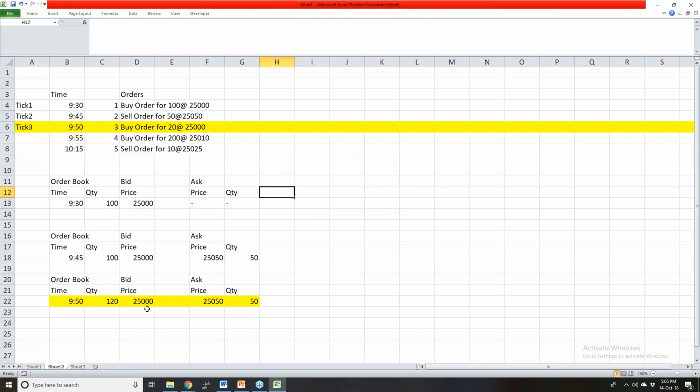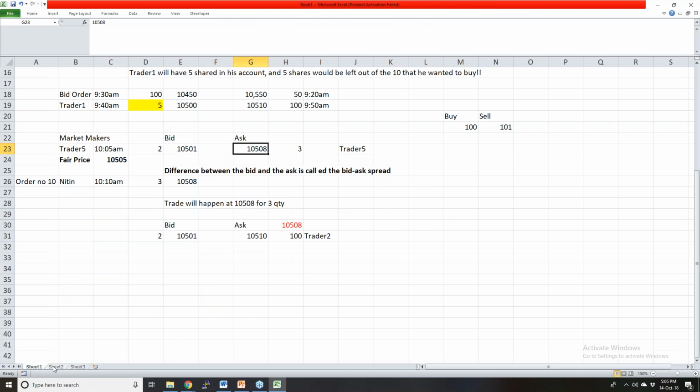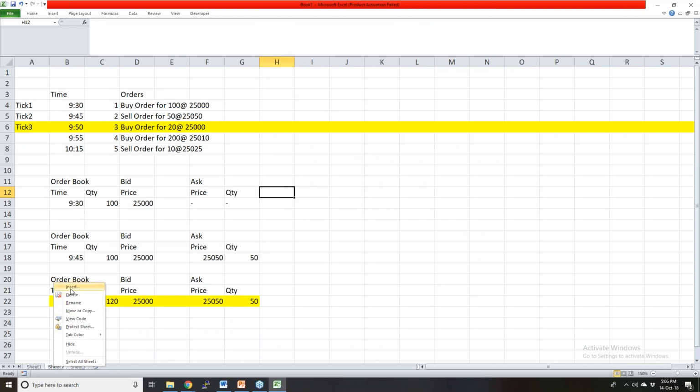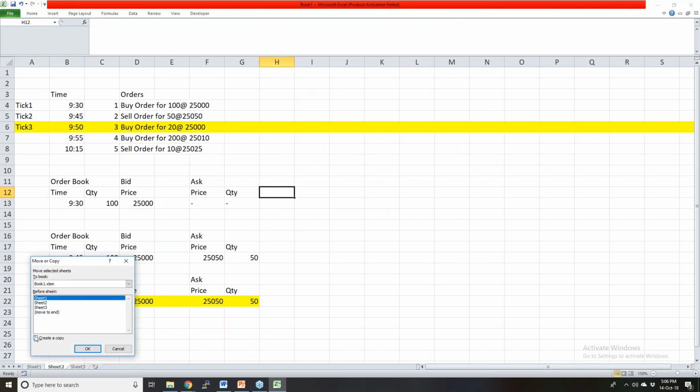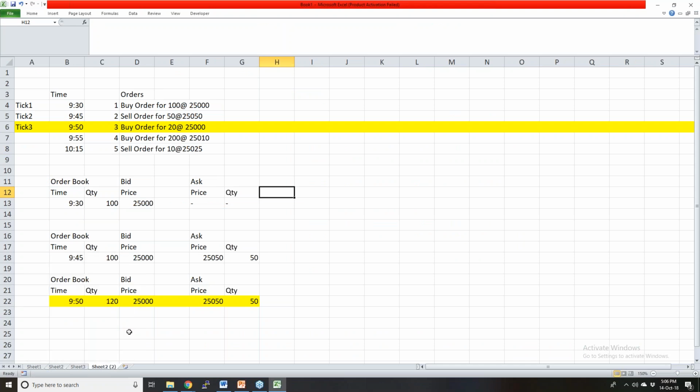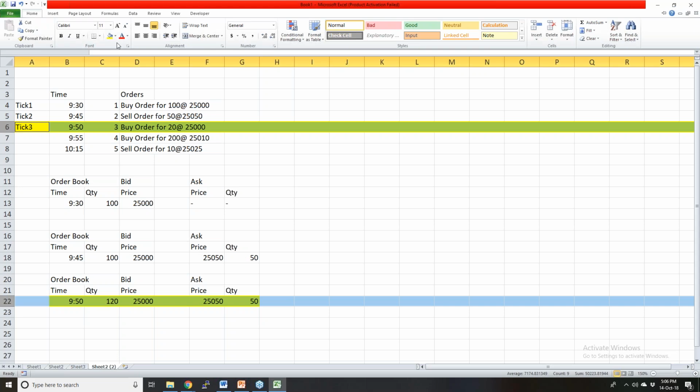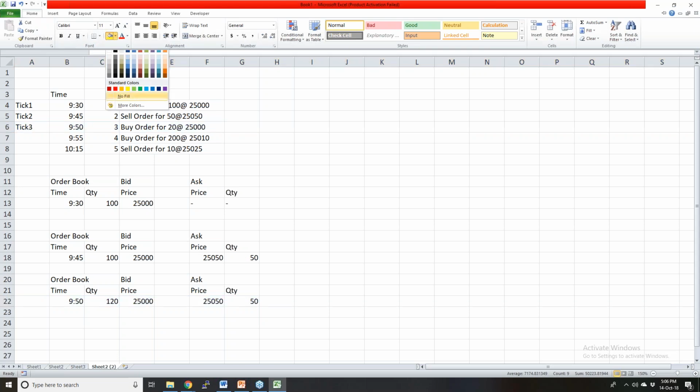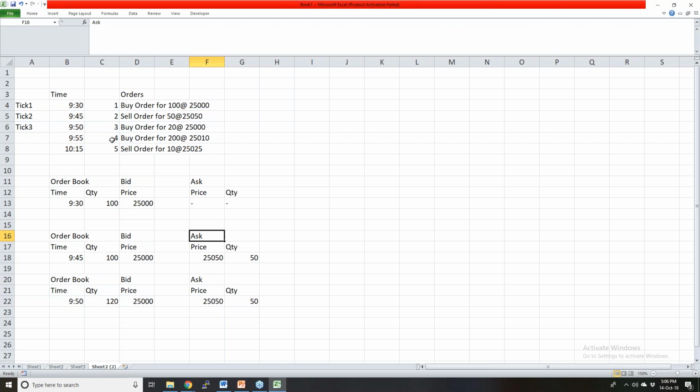So there's something called the price time priority. There are different matching systems, but let me discuss. What does this mean? Price, time, priority.